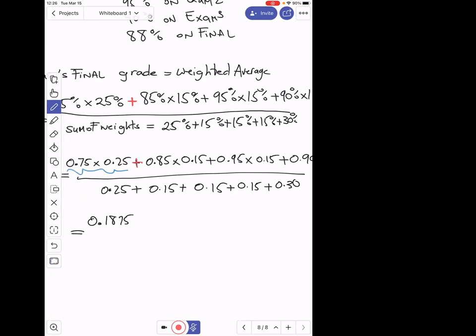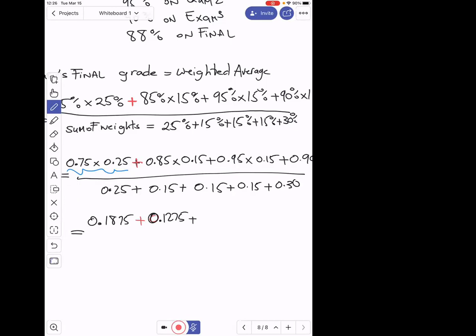Plus, and then you continue the multiplication. Next we have 0.85 times 0.15, which equals 0.1275.